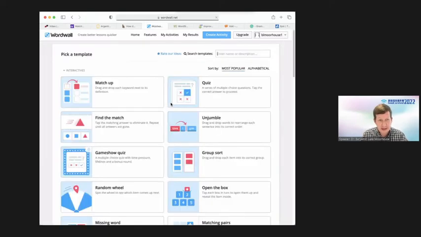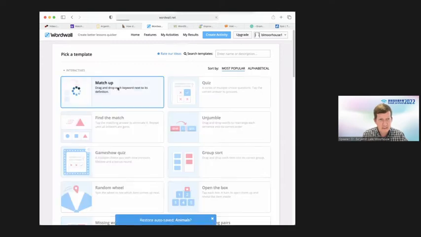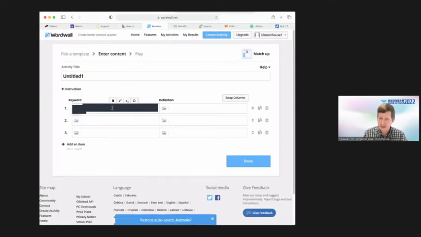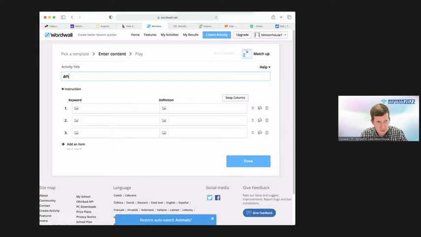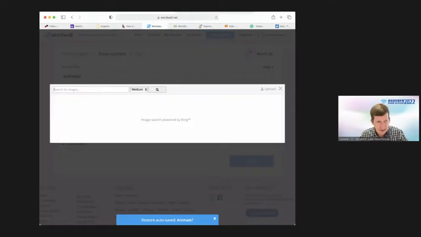So if we have our dictation list, we can go and make a game. Okay, we might have lots of words that we need to practice. So we can type the words in here. Let's go with this nice simple one for our example. So we can type in, say, for example, cat, and then we can find a picture.